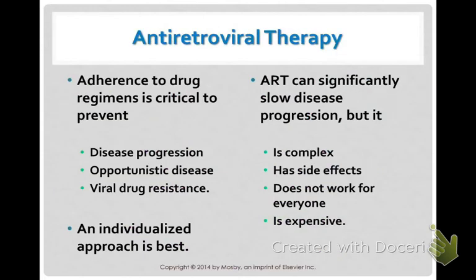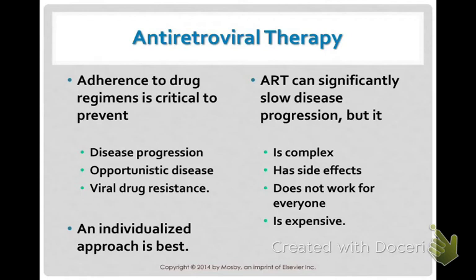As far as therapy goes, you're going to make sure that they adhere to a drug regimen, right? A lot of times, if they're non-compliant, then you don't want them to start the drug therapy, because of resistance.